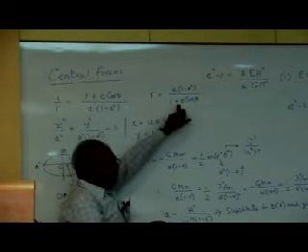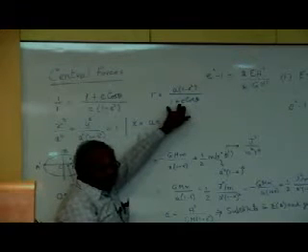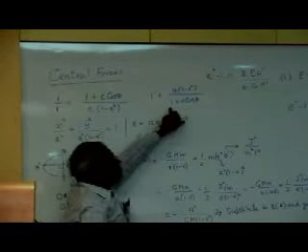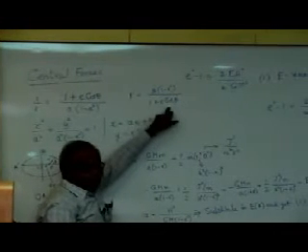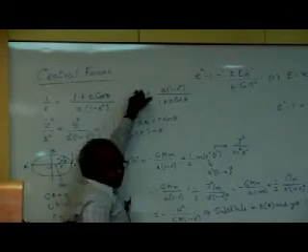So this will become 1 minus E. But if E is greater than 1, this is going to become a negative number. So at some value of theta, in particular cos theta equal to minus 1 by E, this denominator is going to become 0. So R goes to infinity.